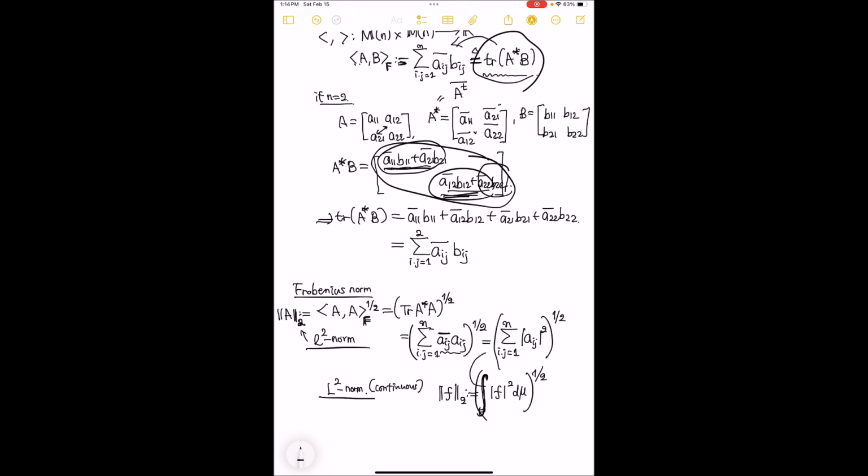In the discrete case, the integral is changed into a summation. Except for changing an integral into a summation, everything is the same. However, to discriminate between continuous and discrete, we use small l2, and this 2 comes to the small l2 norm. So that is the Frobenius norm.